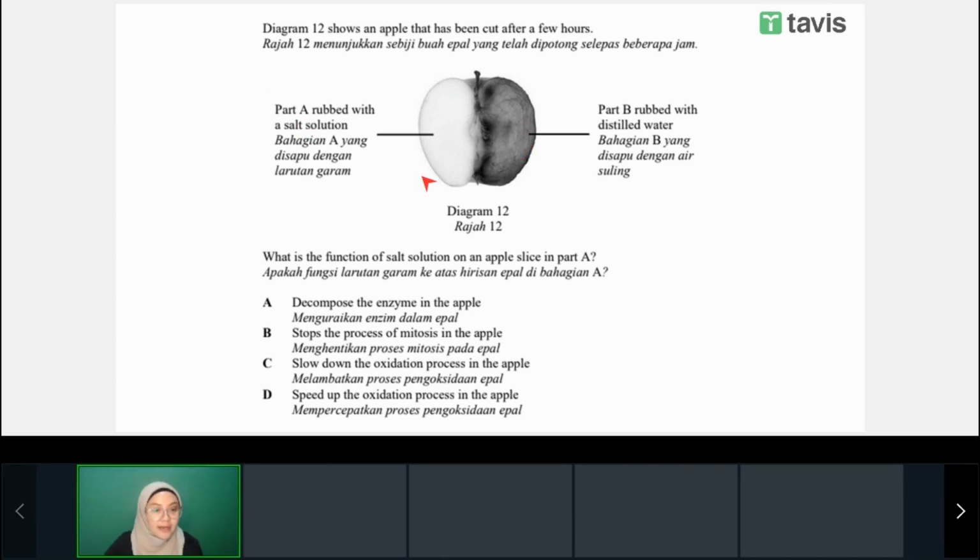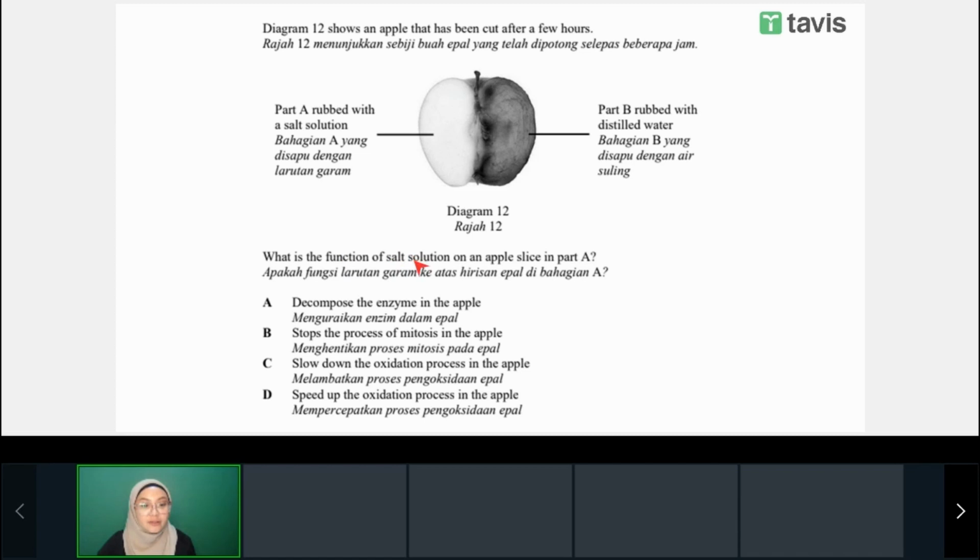For part A, it is rubbed with a salt solution, so no oxidation at part A. Part B is rubbed with distilled water, so the oxidation occurs on part B, but not part A.